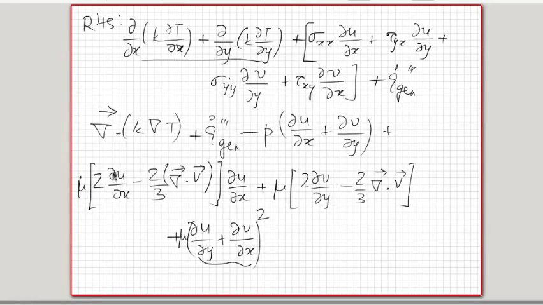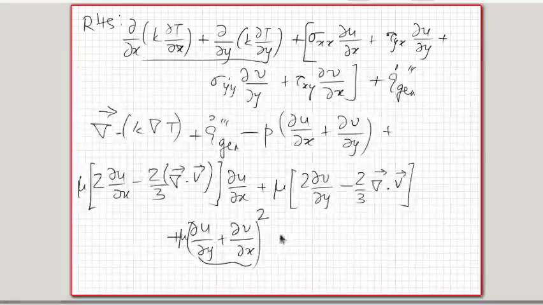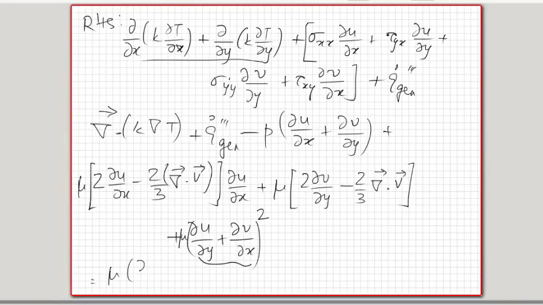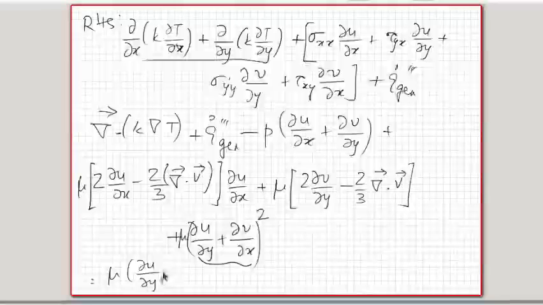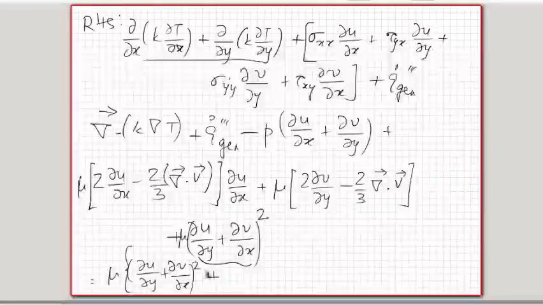So there will be 2 del u by del x the whole square. Okay. So let me write this is equal to mu times del u by del y plus del v by del x whole square we have got plus, so mu I'll keep it outside here.